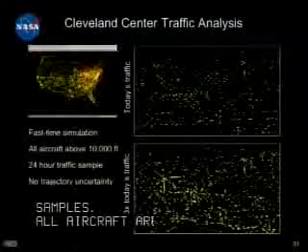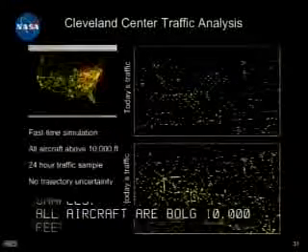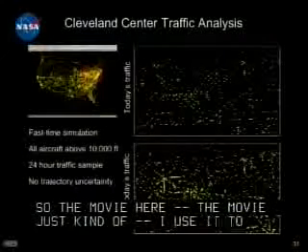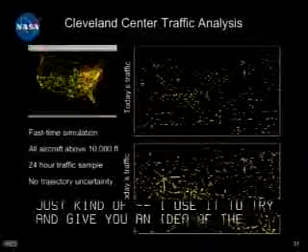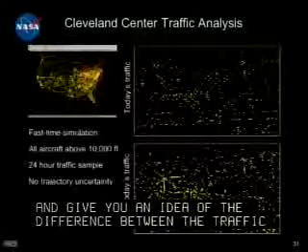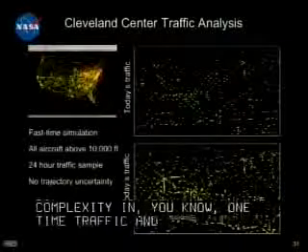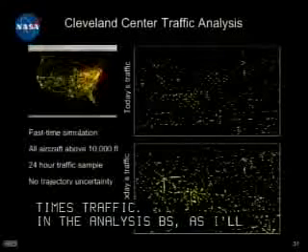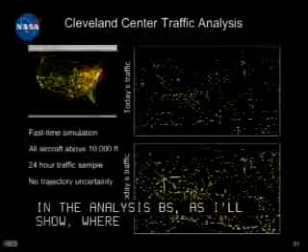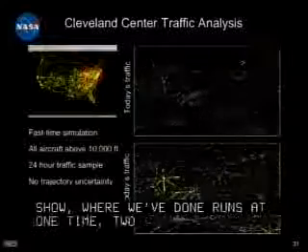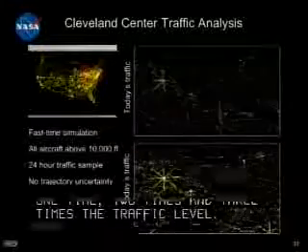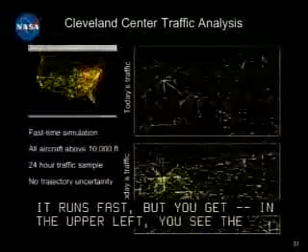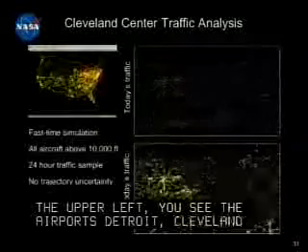So the movie here, I use it to try and give you an idea of the difference between the traffic complexity in 1 times traffic and that of 3 times traffic. In the analysis, as I'll show, we've done runs at 1 times, 2 times, and 3 times the traffic level. So go ahead and run the movie. It just runs for a few seconds. It runs kind of fast, but on the upper left you see Detroit, Cleveland, and Pittsburgh is down there in the lower right. Okay, next slide.